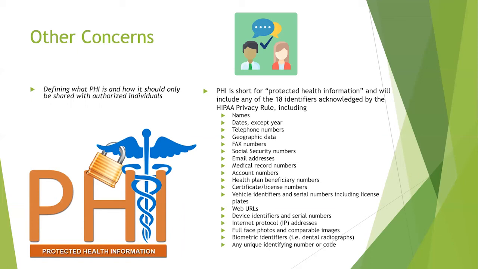PHI is short for Protected Health Information and will include any of the 18 identifiers acknowledged by the HIPAA privacy rule, including names, dates except year, telephone numbers, geographic data, fax numbers, social security numbers, email addresses, medical record numbers, account numbers, health plan beneficiary numbers, certificate and license numbers, vehicle identifiers and serial numbers, including license plates, web URLs, device identifiers and serial numbers, Internet Protocol or IP addresses, full face photos and comparable images, biometric identifiers, that is, dental radiographs, and finally, any unique identifying number or code.